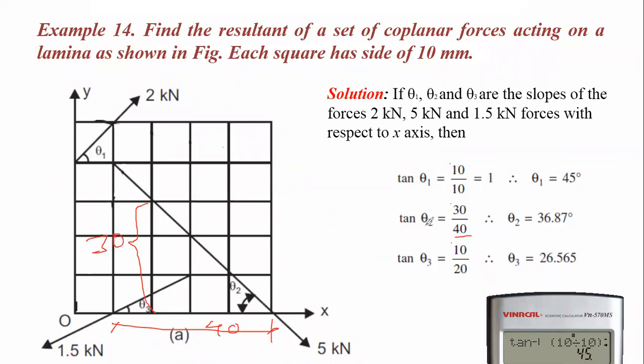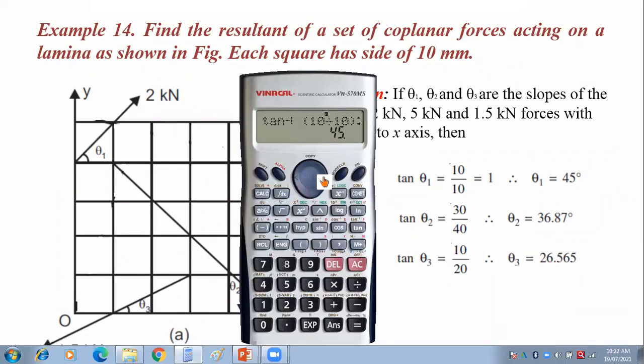That's why tan theta is equal to 30 upon 40. Now resolve this and find tan inverse of 30 divided by 40. This value is 36.87.